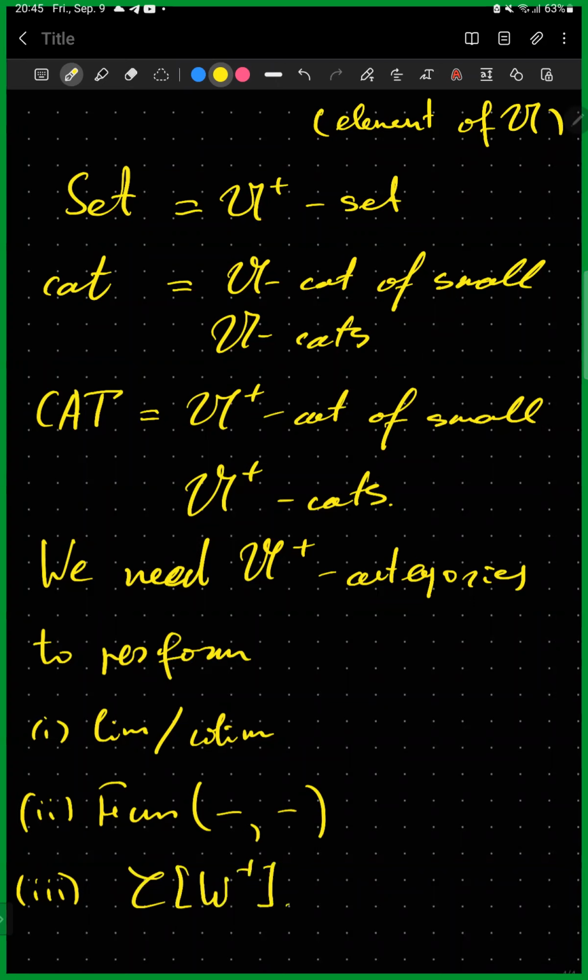So this is the reasoning behind the necessity for U plus categories. It is reasonable to work with small U plus categories, and only sometimes remark that after a certain construction we obtain a U category and not just a U plus category.